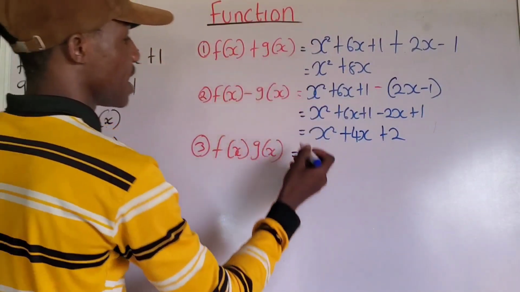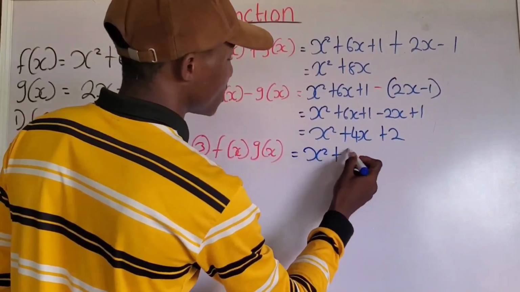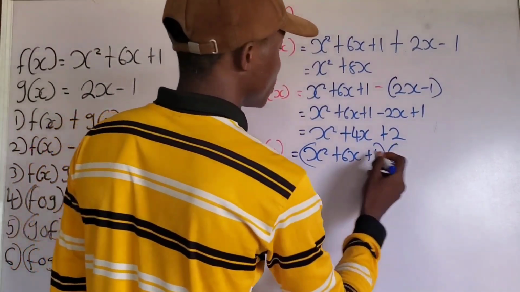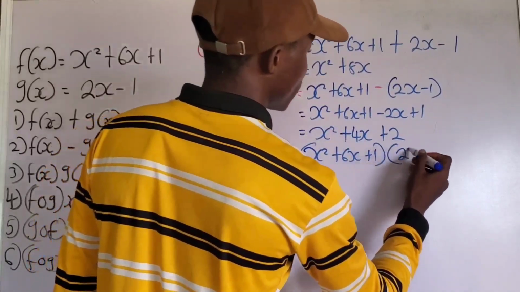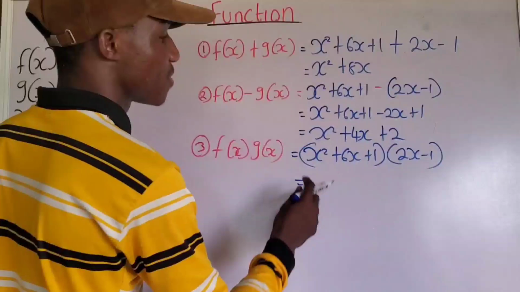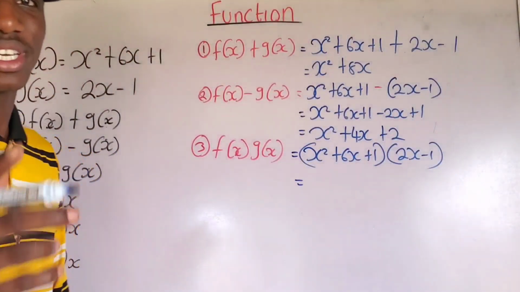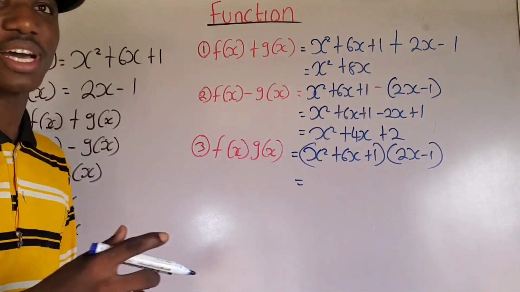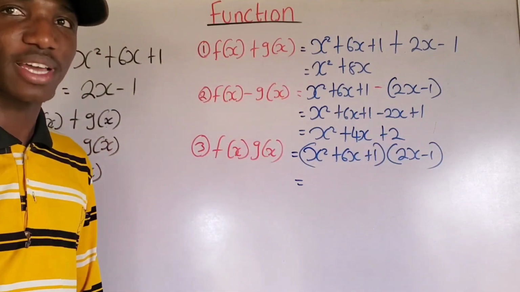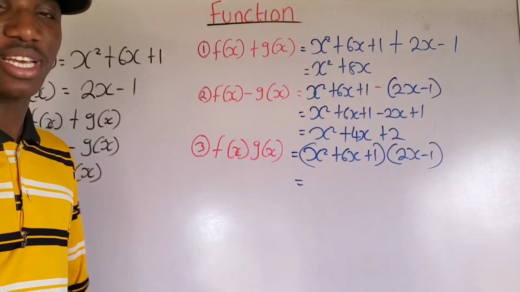F of x is x squared plus 6x plus 1 multiplied by g of x, which is 2x minus 1. Now please pay attention: when you are taking the product of brackets, make sure that the first term in the first bracket multiplies all the terms in the second bracket, then you do the same for the rest, then you simplify it.